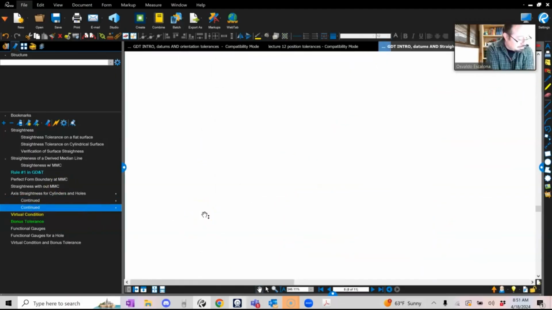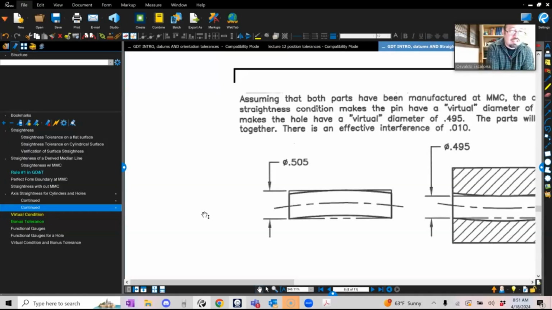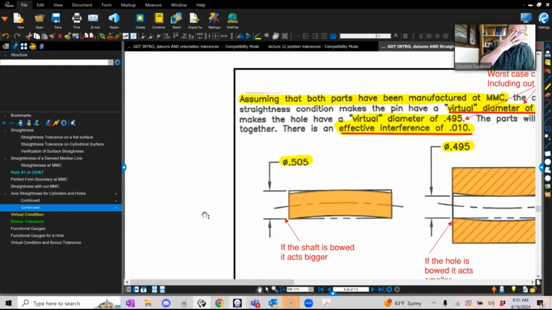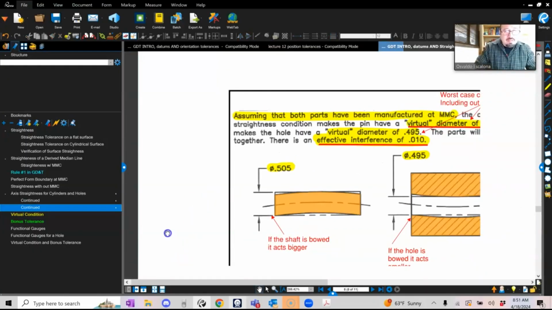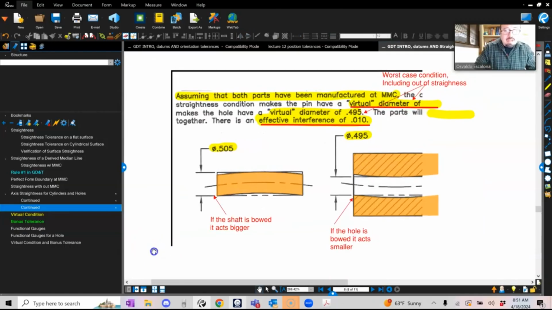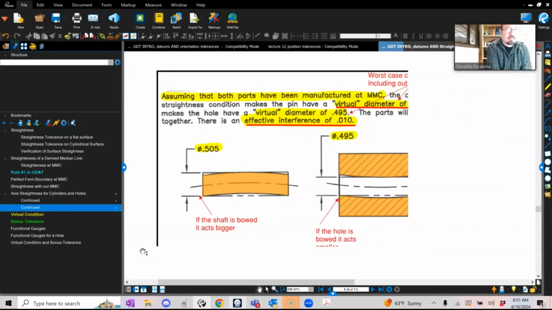So what are we going to do? How do we fix this? Well, remember, now that you have learned about straightness, we can account for the worst case condition. The worst case condition tells you to account for geometric imperfection. Let's not account for size imperfections alone, but work with both at the same time.